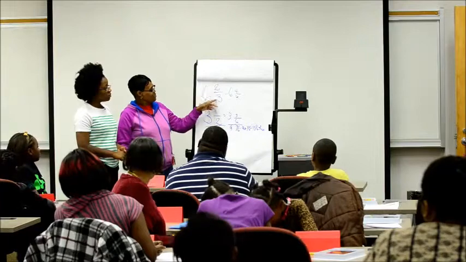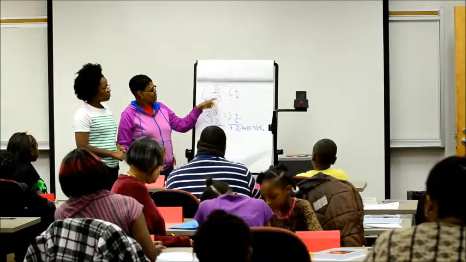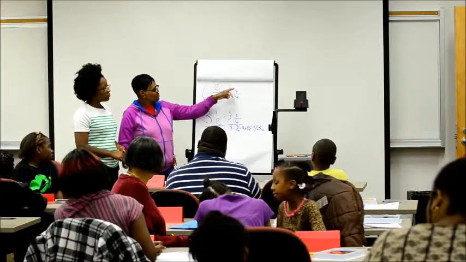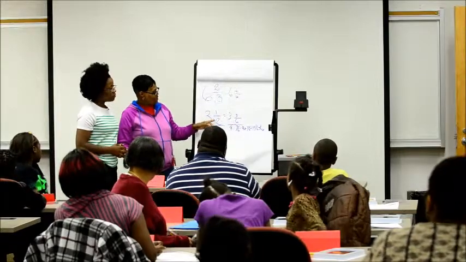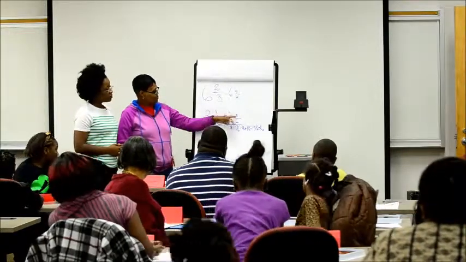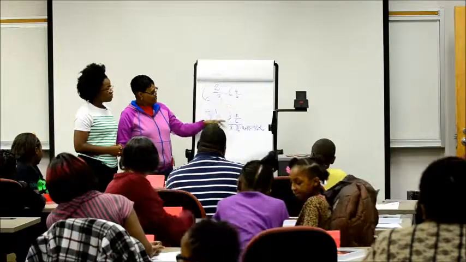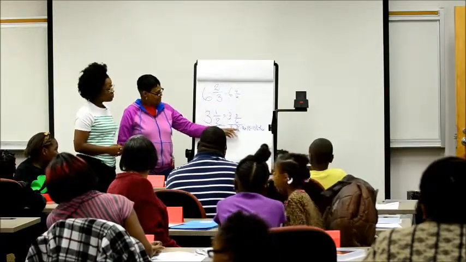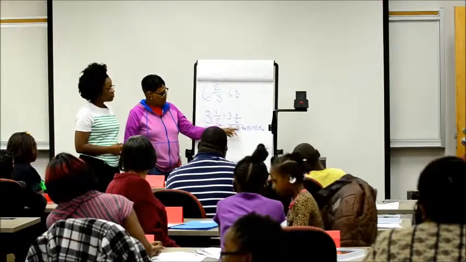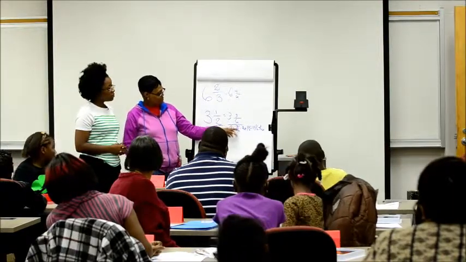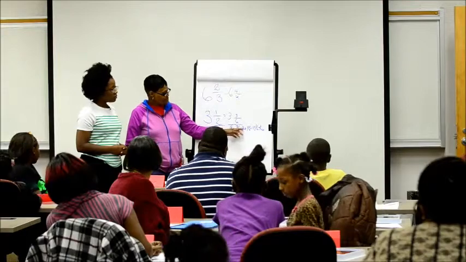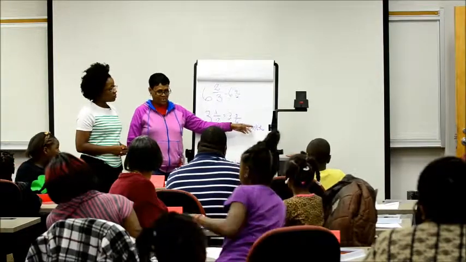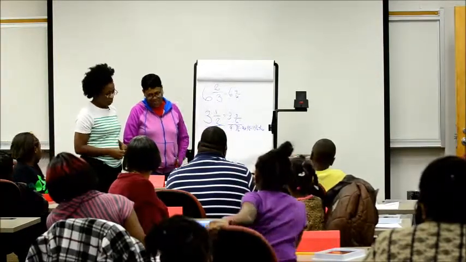So 6 2/3 is equal to 6 4/6, because 3 goes into 6 two times, and 2 times 2 is 4. 3 1/2: 2 goes into 6 three times, and 3 times 1 is 3. So 3 3/6 hours. And then when you add them together, you get 9 and 7/6. So I broke it down. 6 goes into 7 one time, and 1/6 hour is left over. So 9 plus 1 and 1/6 is 10 and 1/6 hours that he worked all together that week.